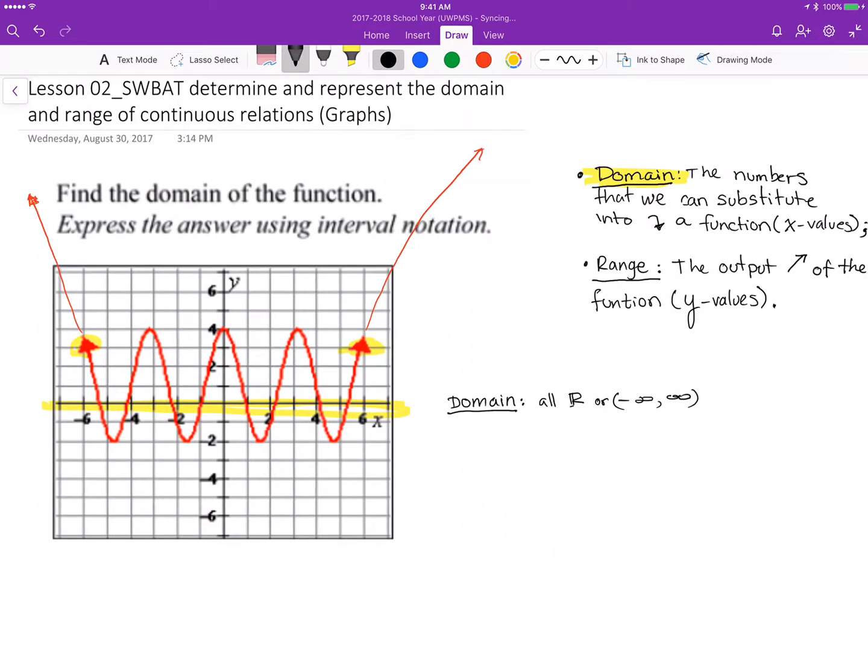And I am going to express that as negative infinity and positive infinity, because it's telling me to express it as an interval. So that's telling me as in a form of an order of pairs. That's your x, comma, y.